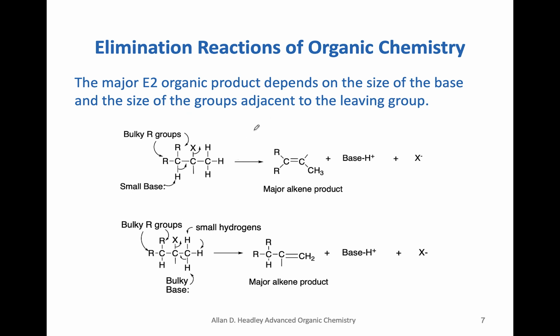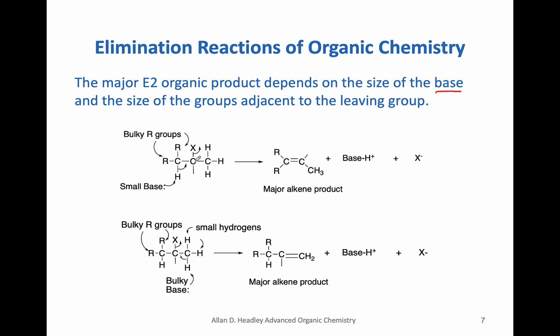Let us turn our attention now to the size of the base and the groups that are surrounding the leaving group. As you will recall, a base is required in the single step for the E2 elimination to abstract the hydrogen.